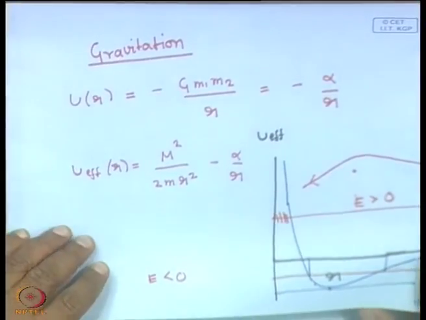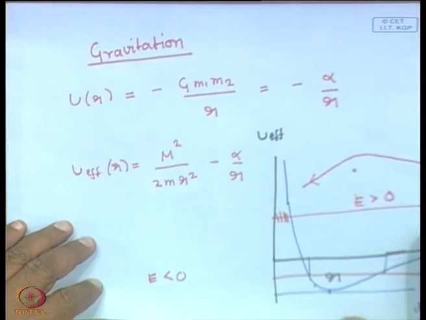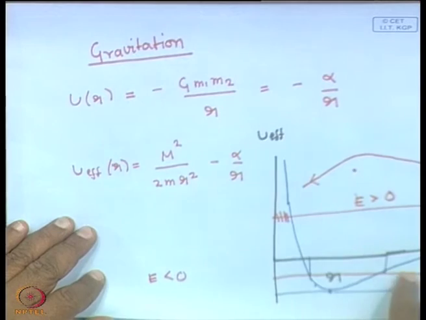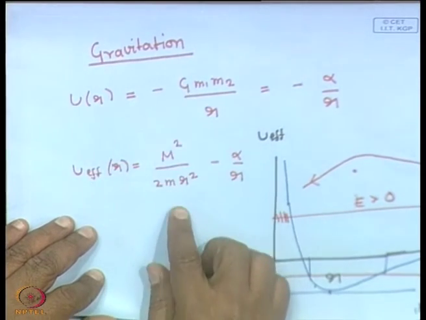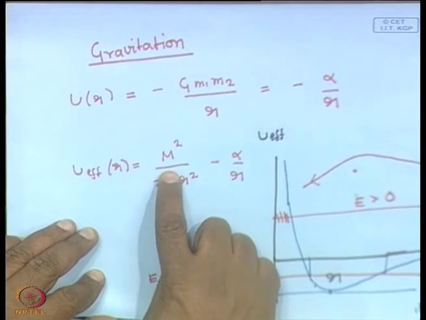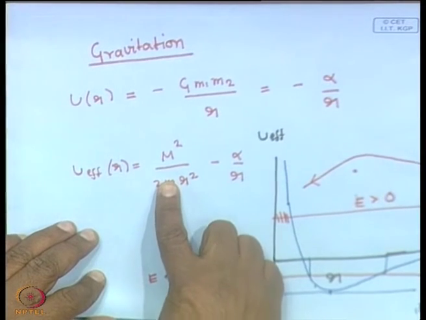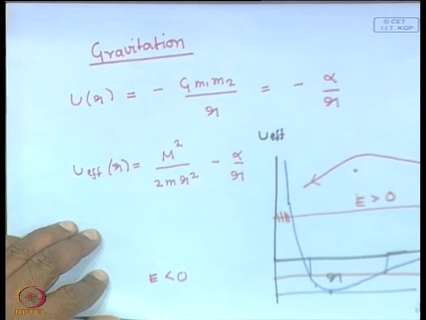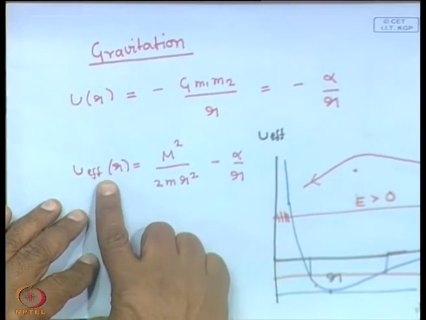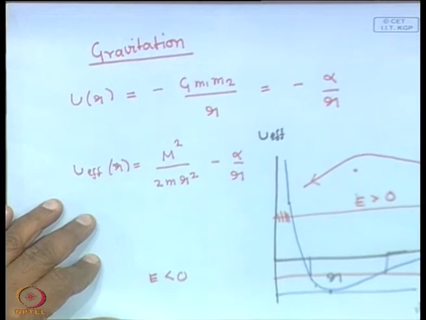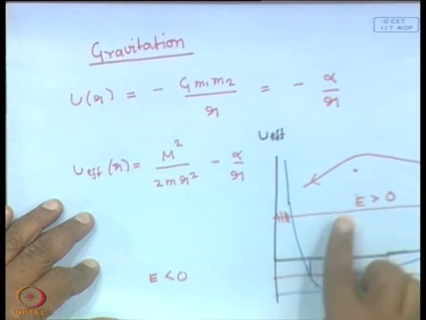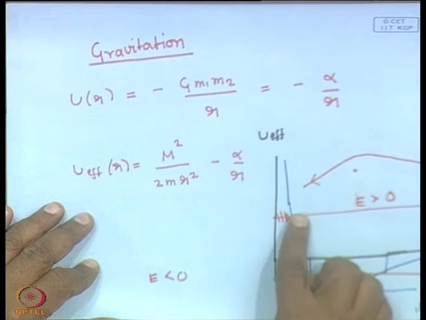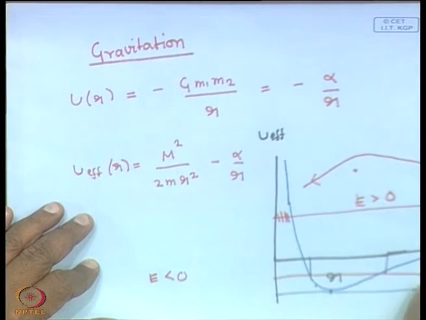In the last class, we had seen that there is an effective potential, which is the combination of the centrifugal potential, which is positive and dominates near the center, and the gravitational potential, which is negative and dominates far away.